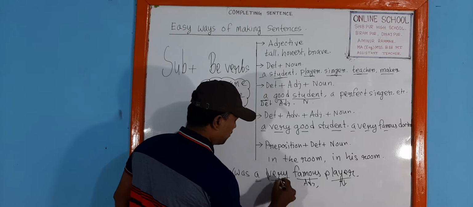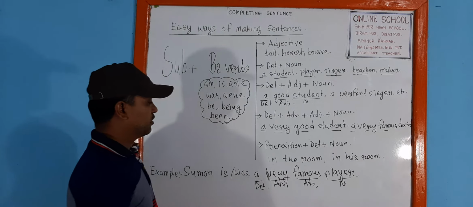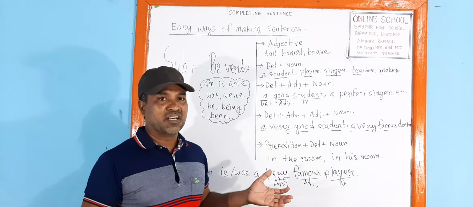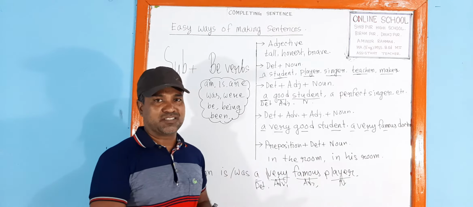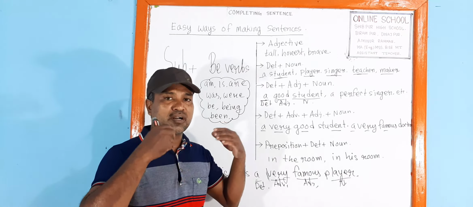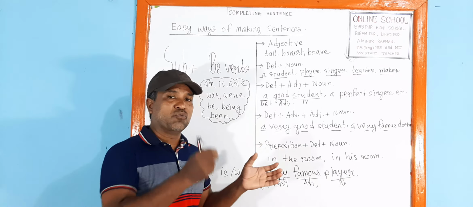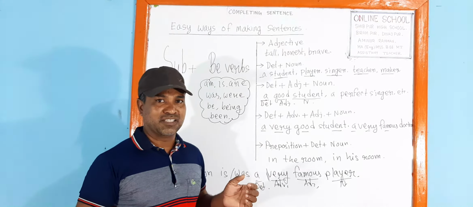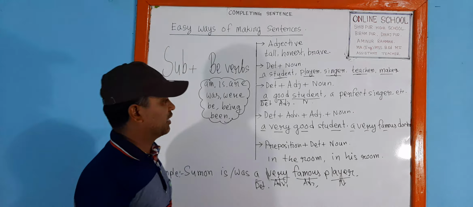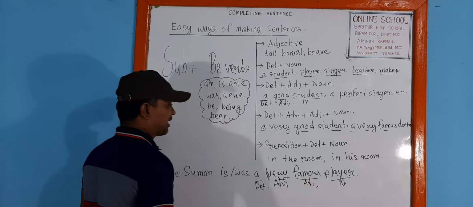Using this structure, we can make so many sentences in completing sentence. There will be an incomplete sentence, and using our own sense and sensibility, we just have to make the sentence grammatically correct. Then the sentence will be complete, otherwise not. So dear students, using this structure, we can make the sentence.